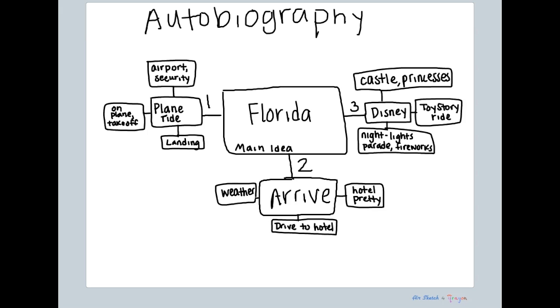So now looking at my whole entire web, I can see that I have a main idea, which is right here. It's right in the middle. And then I have 3 details. My details are going to be in blue. And then for each detail, I have 3 supporting ideas.